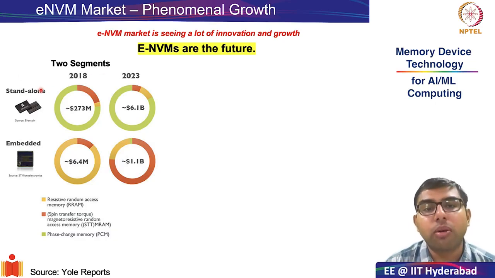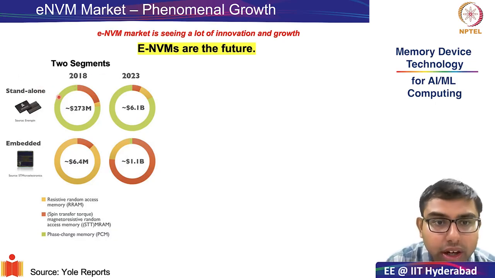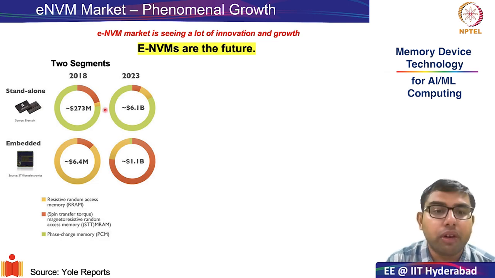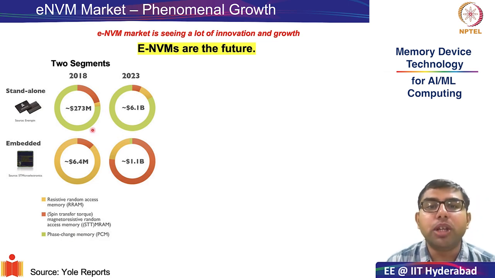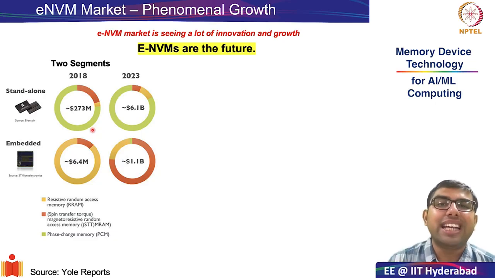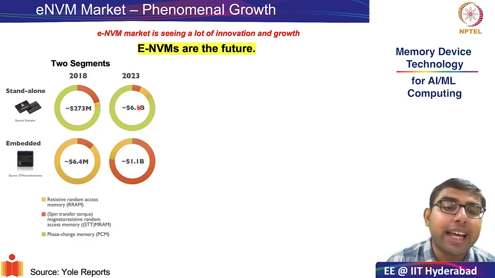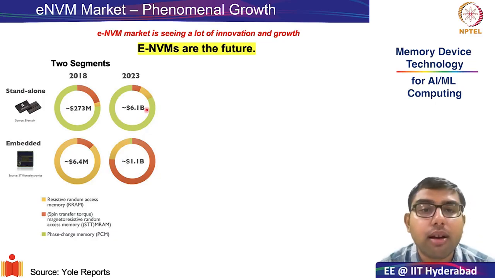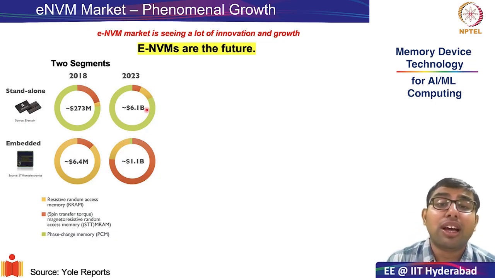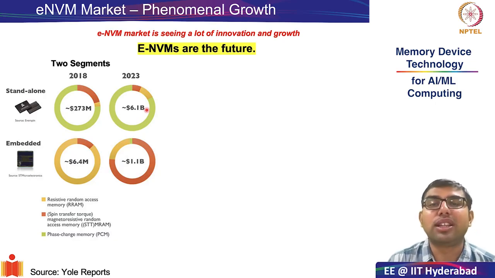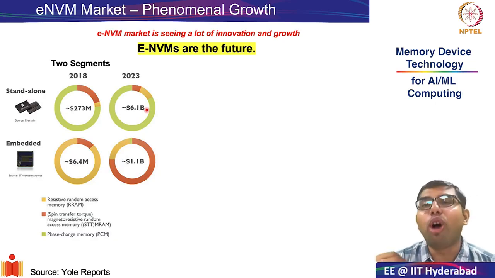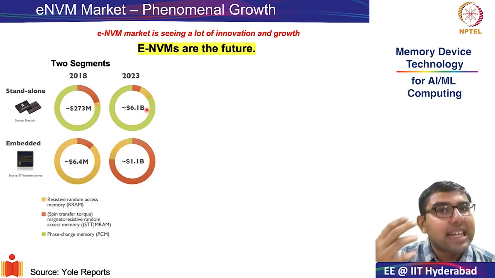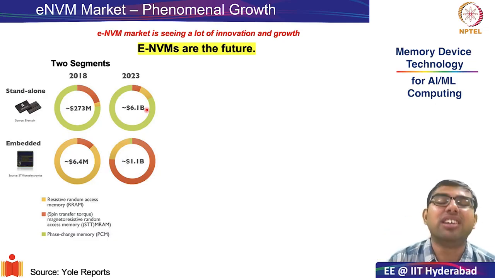In the standalone segment, as you can see, the green indicates phase change memory. So the majority of the share is being taken by phase change memory technology, which is around $6.1 billion in 2023. The primary reason is that phase change memory is quite an established technology.